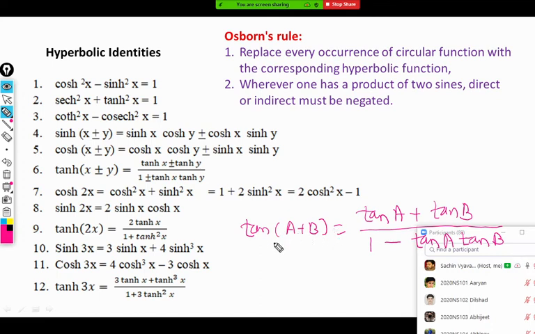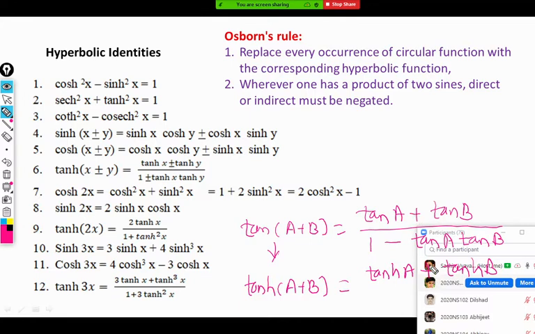Now we want the corresponding hyperbolic. So what will we do? First we replace tan by tan hyperbolic. So tan hyperbolic of a plus b. Here tan a is replaced by tan hyperbolic a, and tan b by tan hyperbolic b, and these are single functions. There is no multiplication of sines, so the plus stays as it is. But in the denominator, is it minus or plus?